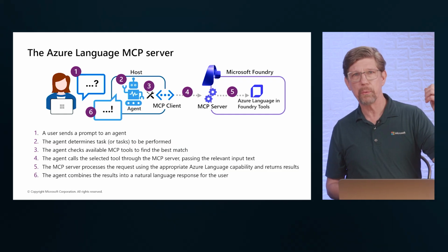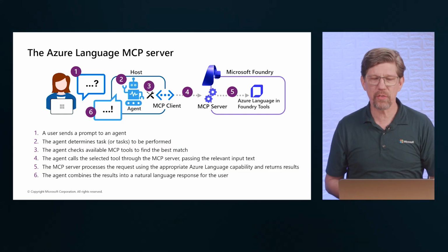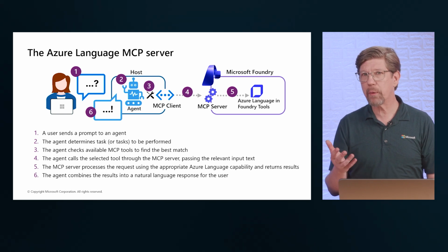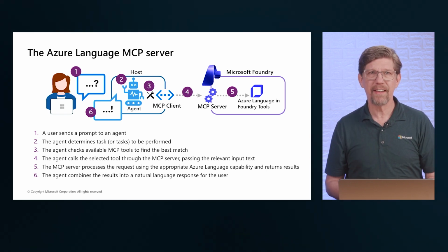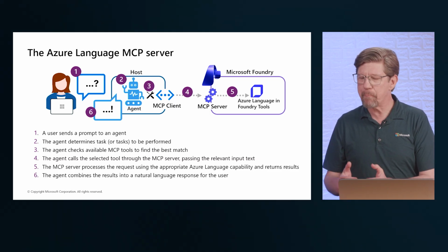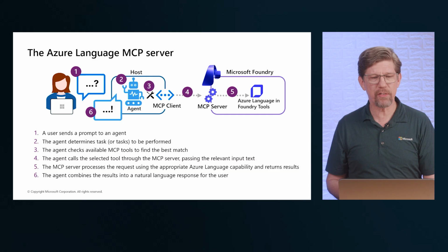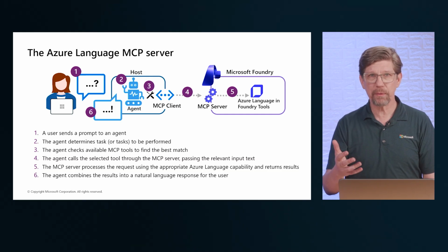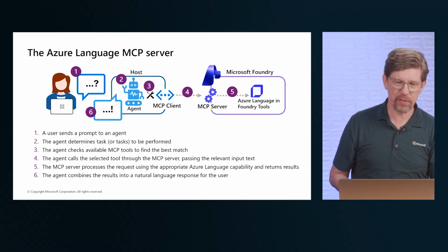And so let's bring the two of those together. And that's what the Foundry folks have done. They've taken the Azure language capabilities and pre-built an MCP server that you can enable on any of your agents.